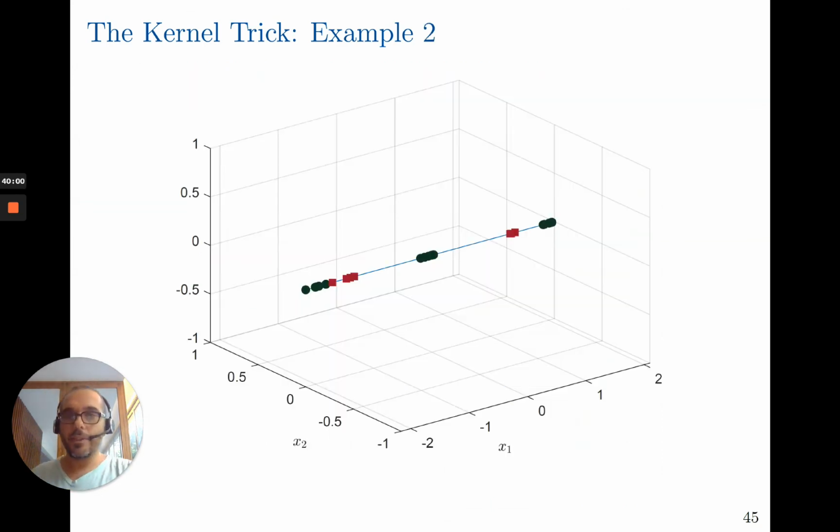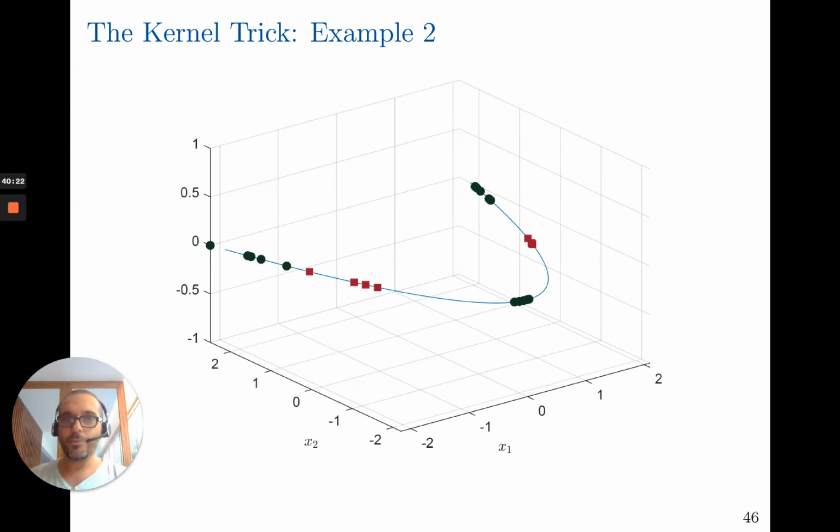Let's see another example. We have a line in one dimension. We have again greens and reds. Of course, these points are not linearly separable. But again, we have this rope and we can move in all directions. So we first are going to do this.